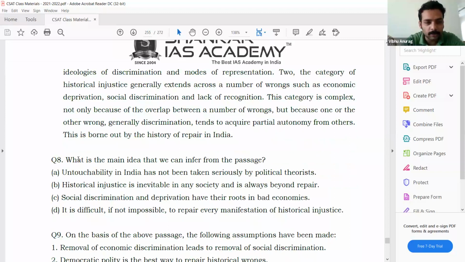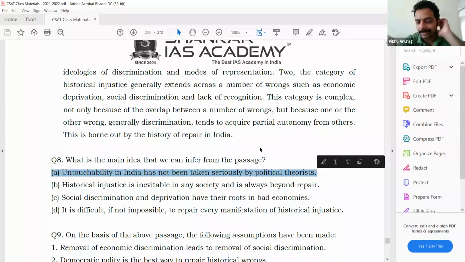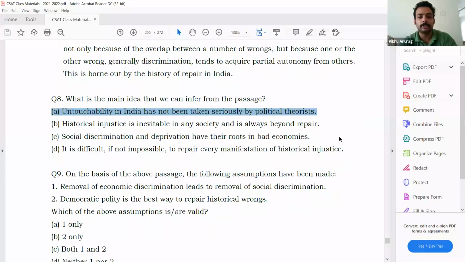So the question is, what is the main idea that we can infer from the passage? So let's see. Option A, untouchability in India has not been taken seriously by political theorists. It's not implied that they haven't taken it seriously. So A is wrong. Option B, historical injustice is inevitable in any society and is always beyond repair.